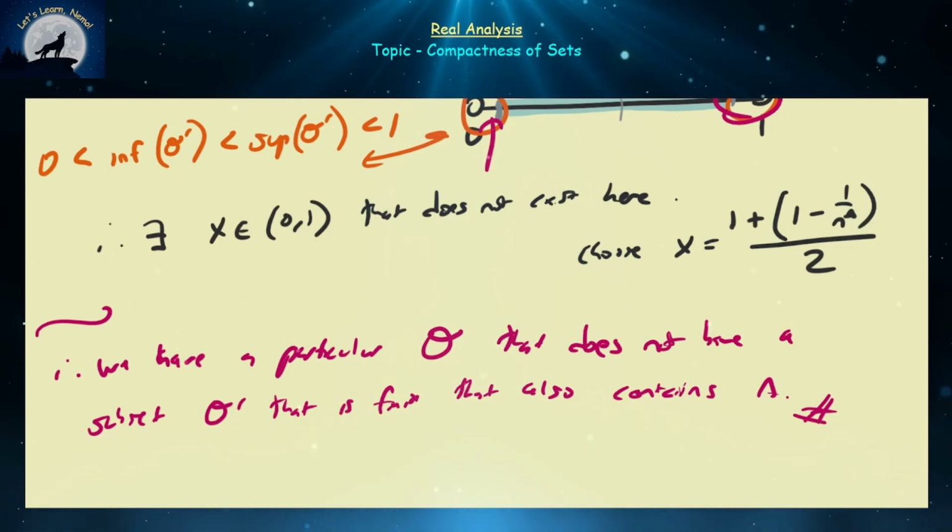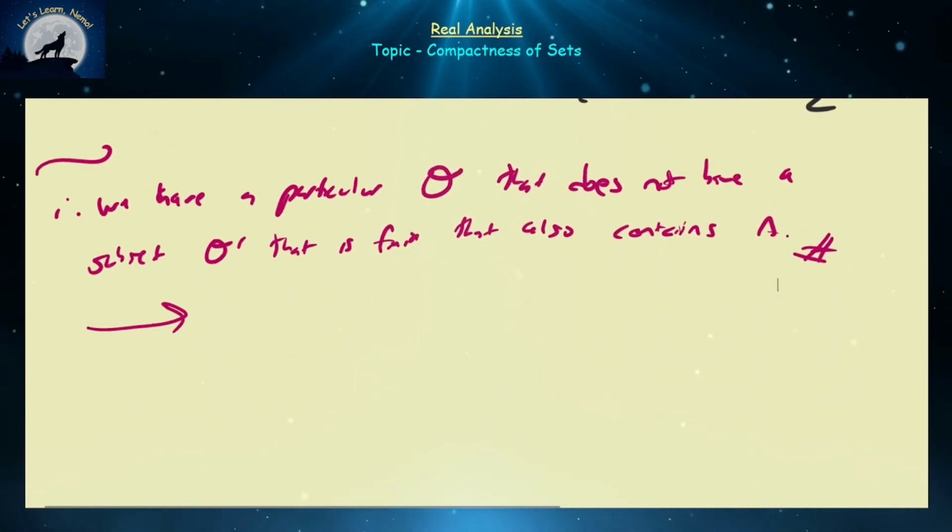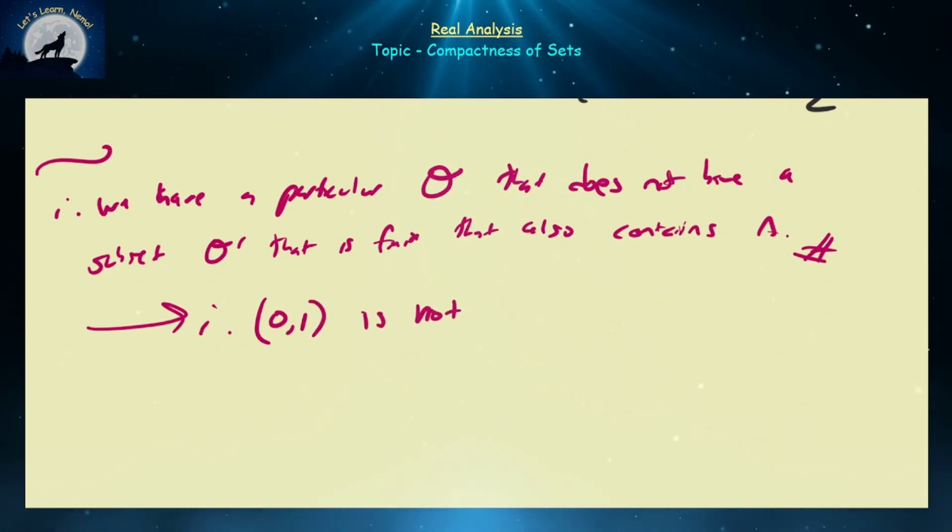Now, does this mean that you can't find an open cover of A that does have a finite subcover? No, that's not what this means. It has to be true for every open cover, right? So it's almost a construction proof if you're trying to show that this set is not compact. Therefore, (0, 1) is not compact. So sad day for (0, 1).